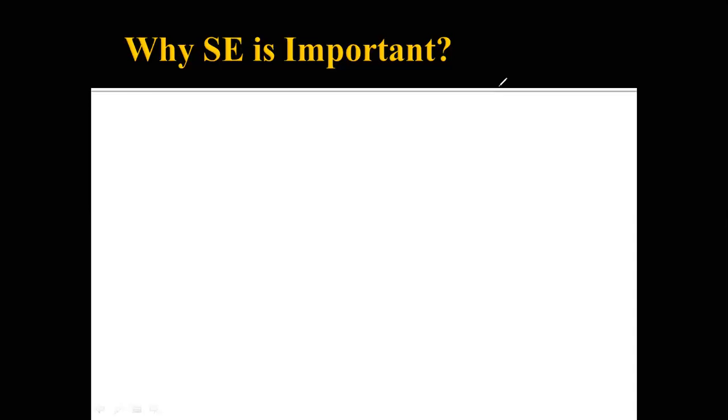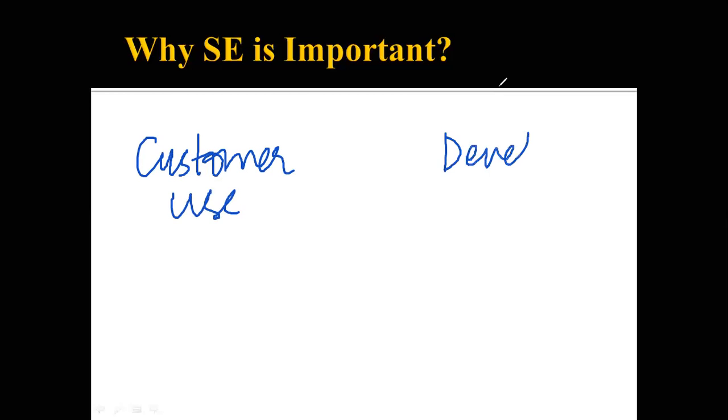Now, there are two terms that we need to remember while studying software engineering. There are two persons. There is a customer that is going to use the software, and you've got a developer that is going to develop the software.